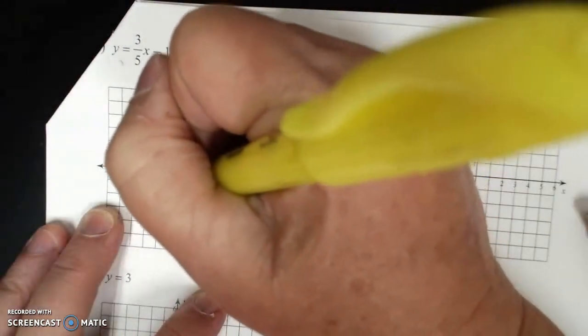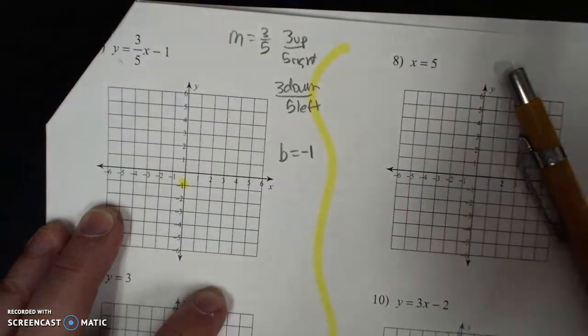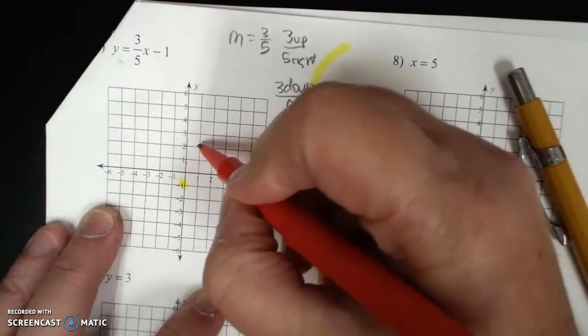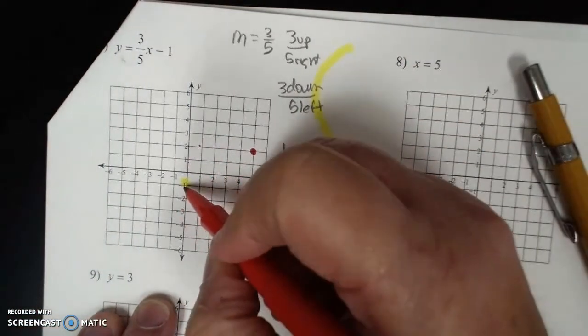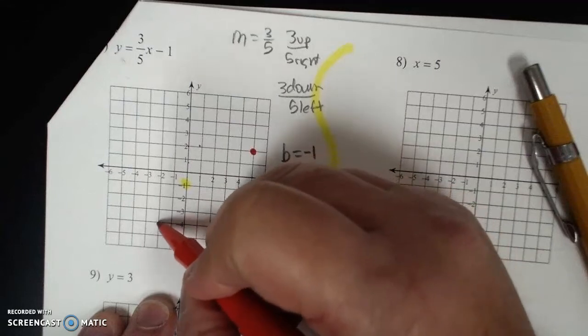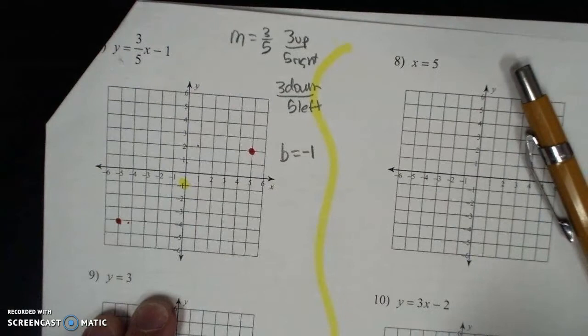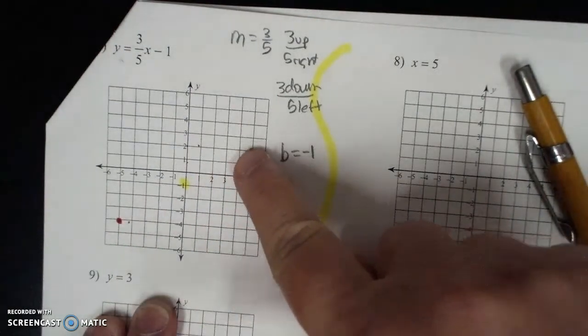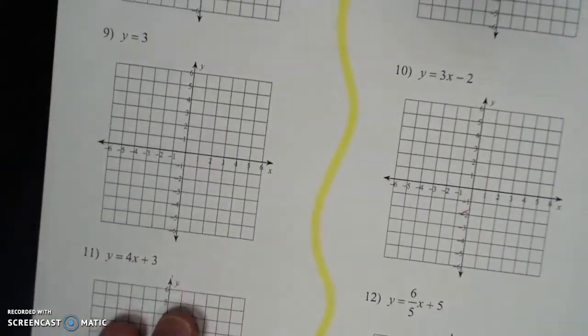So my y-intercept is -1. I go 3 up, 1, 2, 3, 1, 2, 3, 4, 5. And I go 3 down, 1, 2, 3, 1, 2, 3, 4, 5. And that's all that fits on the graph. But if you would connect them like you would in class, it would be a straight line.